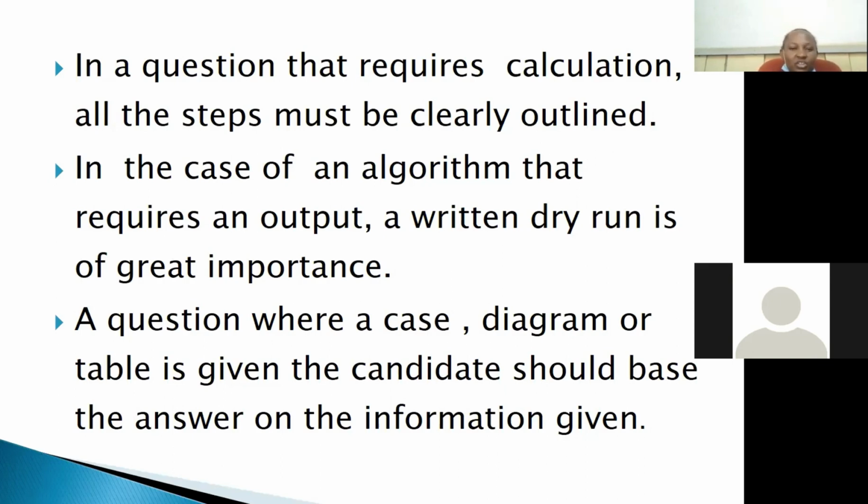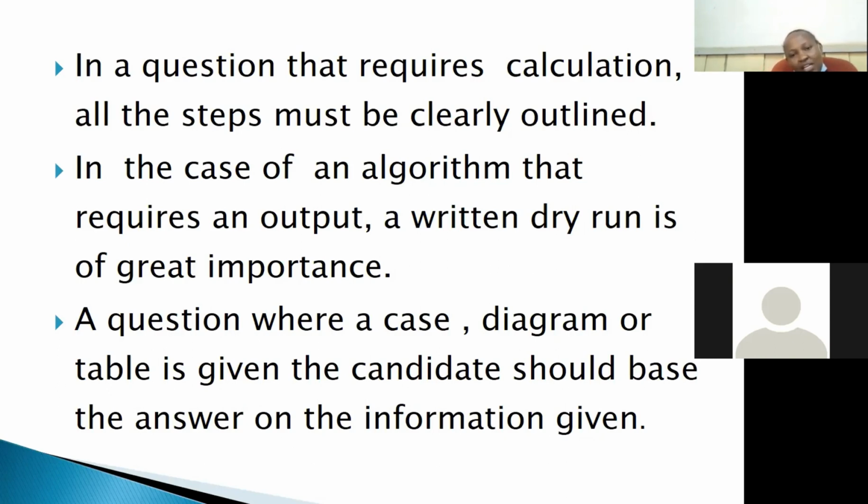Then in question 16, in a case of an algorithm, that is either a flowchart or a pseudocode that will require you as a candidate to give an output, it is advisable that the candidate writes a dry run, which is of great importance.